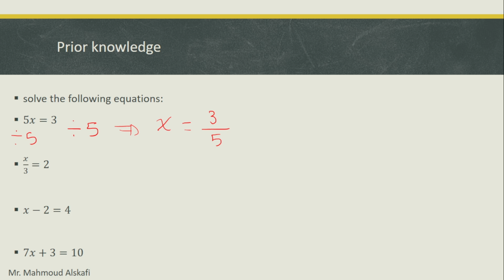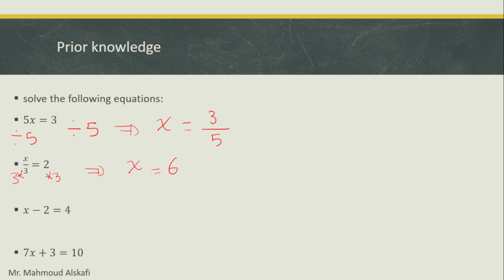Now, if we have x divided by 3, we need the coefficient of x to be 1 because it's the solution. So we multiply both sides by 3, so that implies x equals 6.